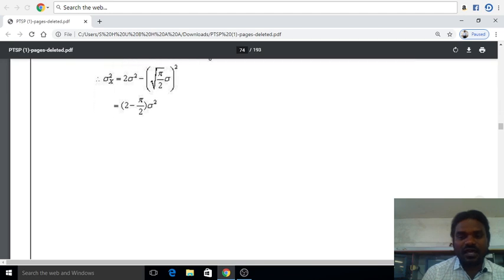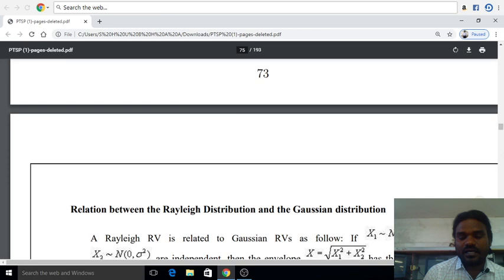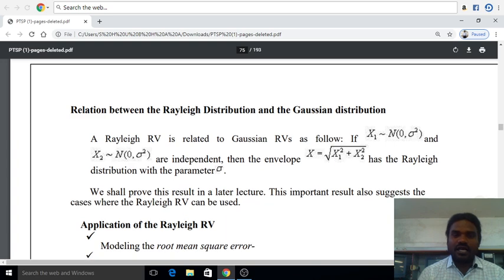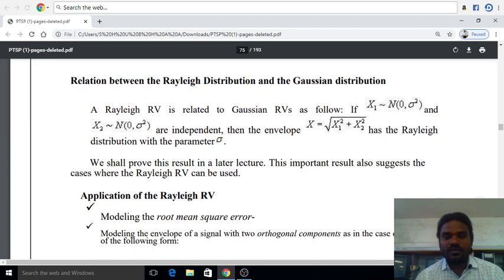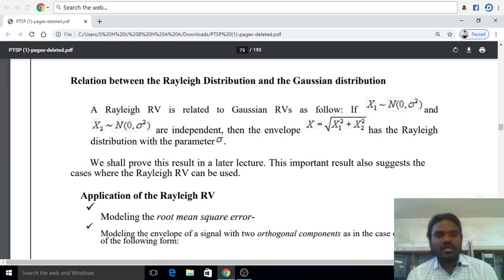In such a way, we can analyze the relation between the parameter of a particular random variable and the mean and variance, and also the relation between the Rayleigh distribution and the Gaussian distribution. Just now we have studied the Gaussian distribution; it is nothing new, it is an exponential distribution only, whereas the Rayleigh distribution we have just discussed.